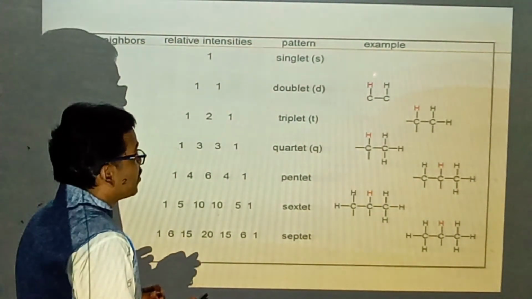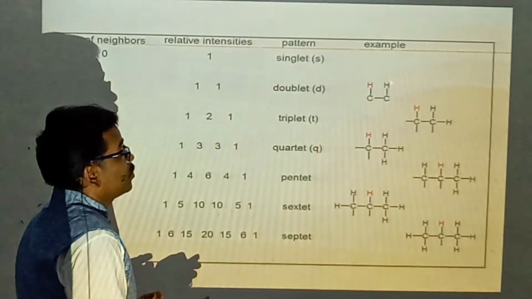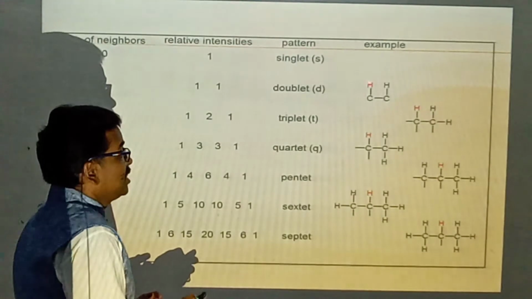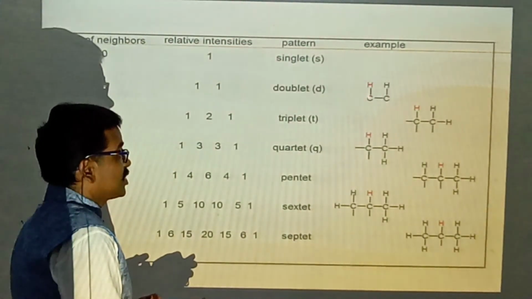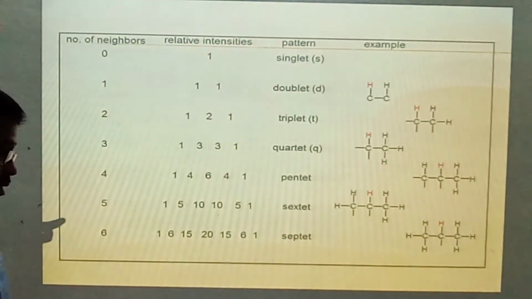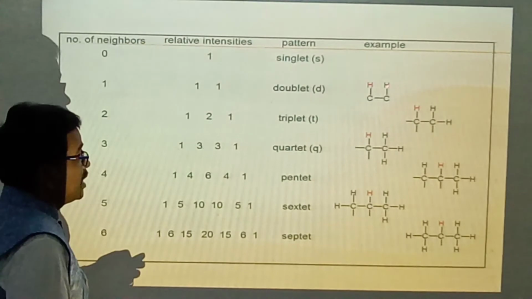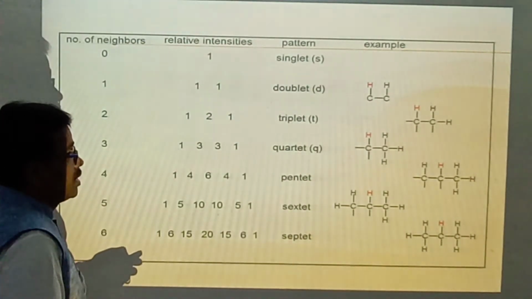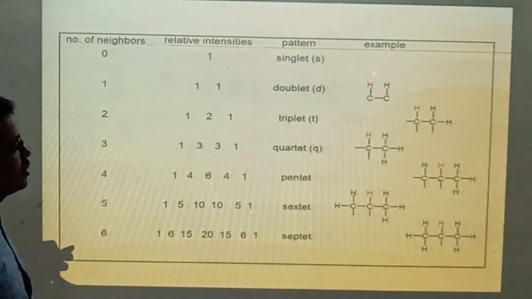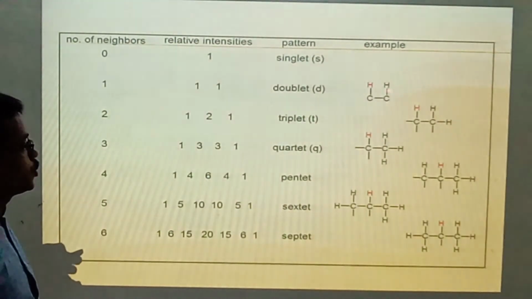We are getting information for the first hydrogen atom, and it contains one neighboring proton. Then you should consider all the hydrogens present on the same carbon as one, and the number of neighboring protons as n. If we have only one neighboring proton here, then n plus 1 is 1 plus 1, which is 2.